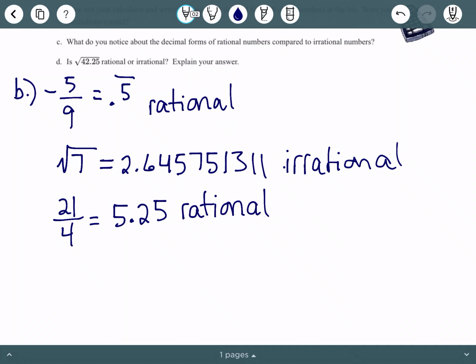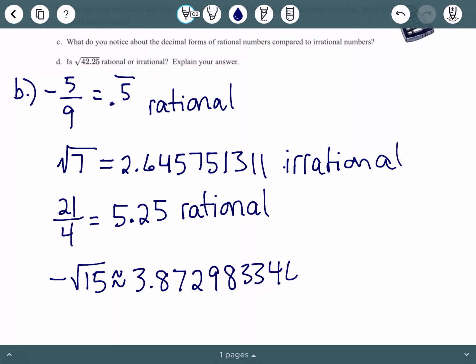Okay, after that we have the negative square root of 15. Once you put that into your calculator, you are going to get a number out for your decimal equivalent. It's going to be, I should actually change this to an approximately sign, about 3.87283346.